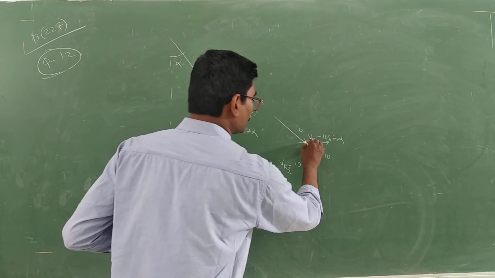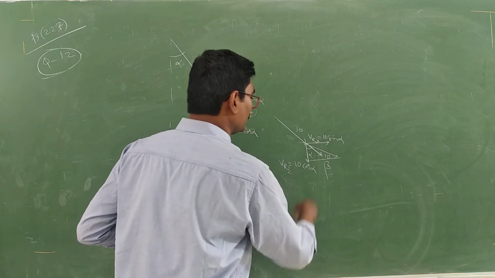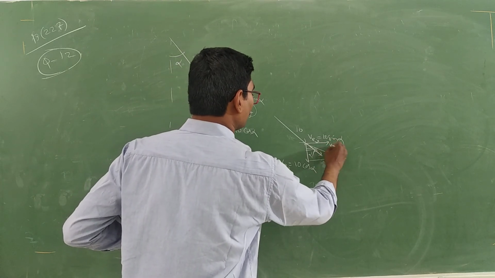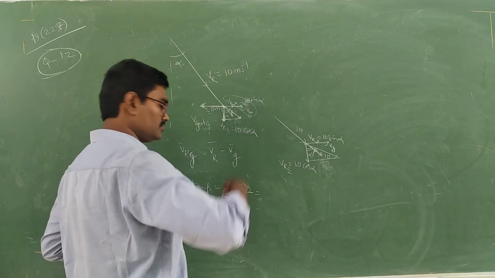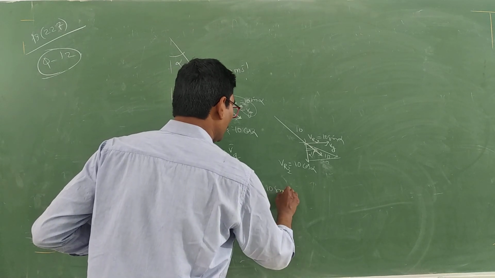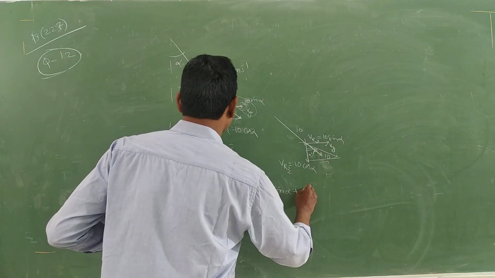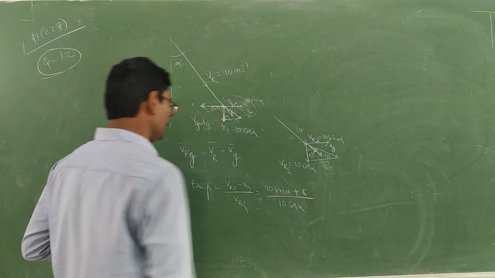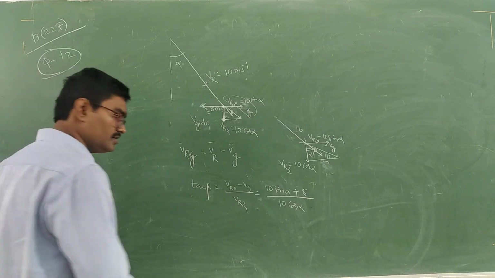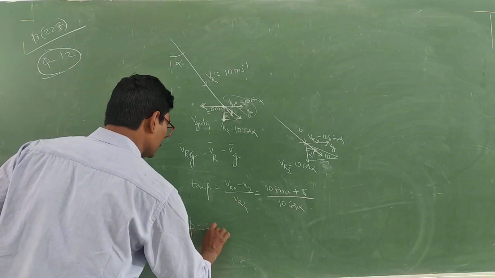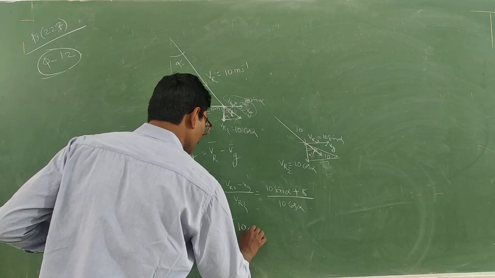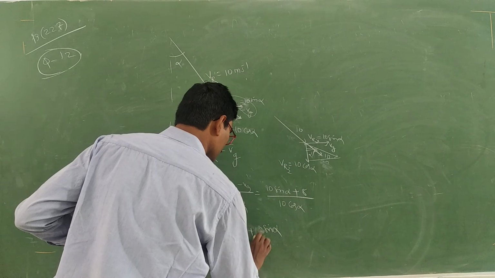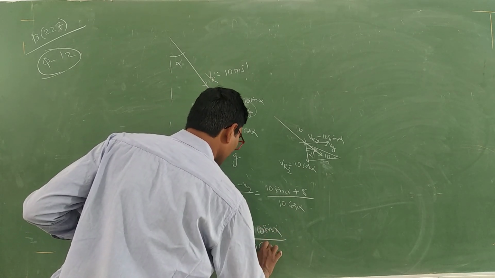Then what is tan beta? The resultant will come this way. Opposite by adjacent. In that direction only minus Vg also, so you have to consider both. So it is 10 sin alpha plus 8 by 10 cos alpha. That is tan beta. So beta is equal to tan inverse of 8 plus 10 sin alpha by 10 cos alpha.